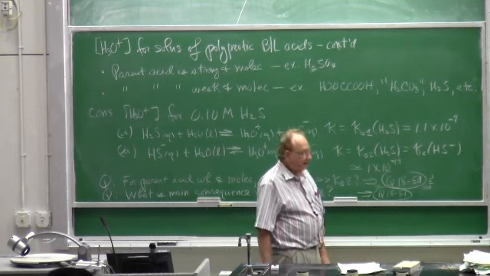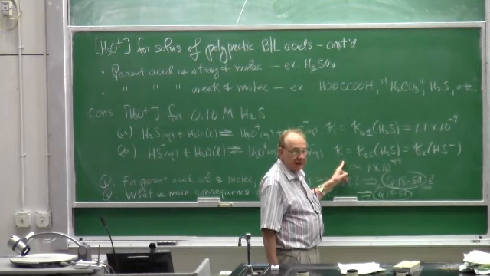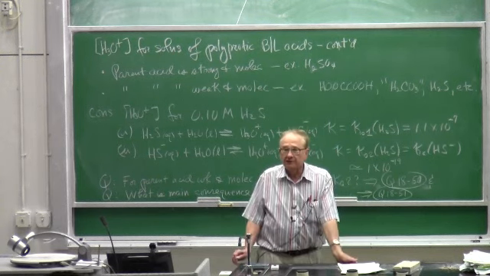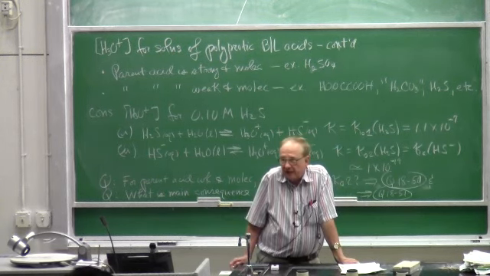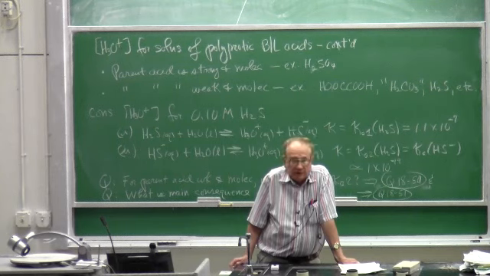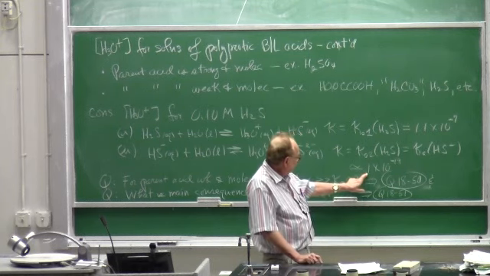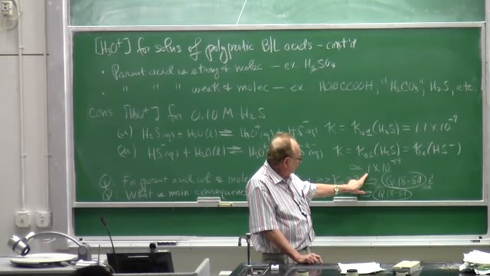And in our acid-base table, you see HS minus listed in the acid column. You also see it to be listed as an acid weaker than water. Therefore, it has a Ka value, not Kb value, that's smaller than 1.8 times 10 to minus 16, which is Ka for water. It's been estimated as 1 times 10 to minus 19.